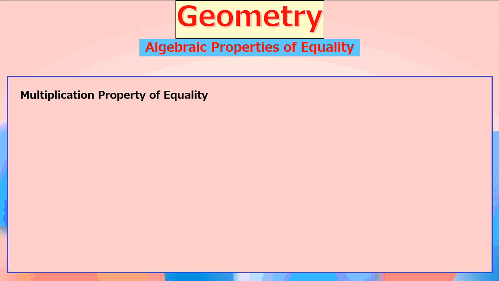In multiplication property of equality, if A is equal to B, then we can multiply each side of the equation by the same number C. So we have A times C should be equal to B times C. Again, our A, B, and C should be real numbers.